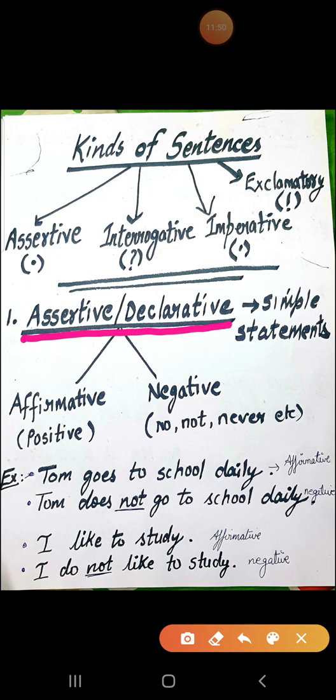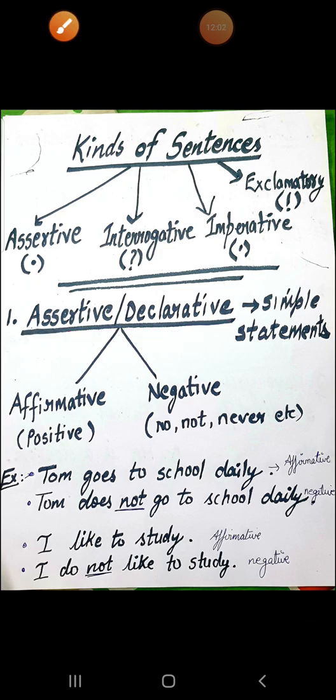Simple statements, or if we are declaring something, or we are simply or generally saying something, any sentence like I am going to drink water, or I will not go to school, or I don't like to study, or my favorite subject is English. In this way, these all are examples of assertive and declarative. You are just simply declaring or generally saying a sentence.